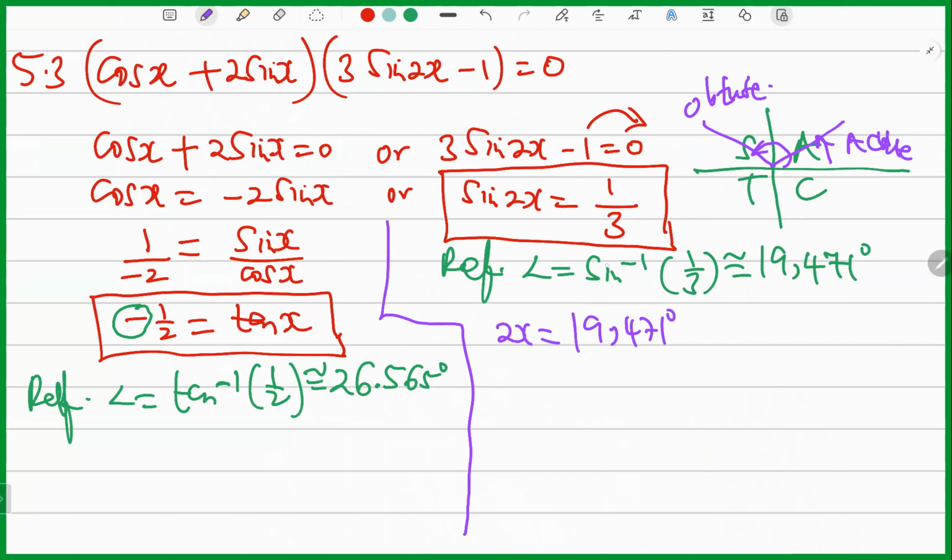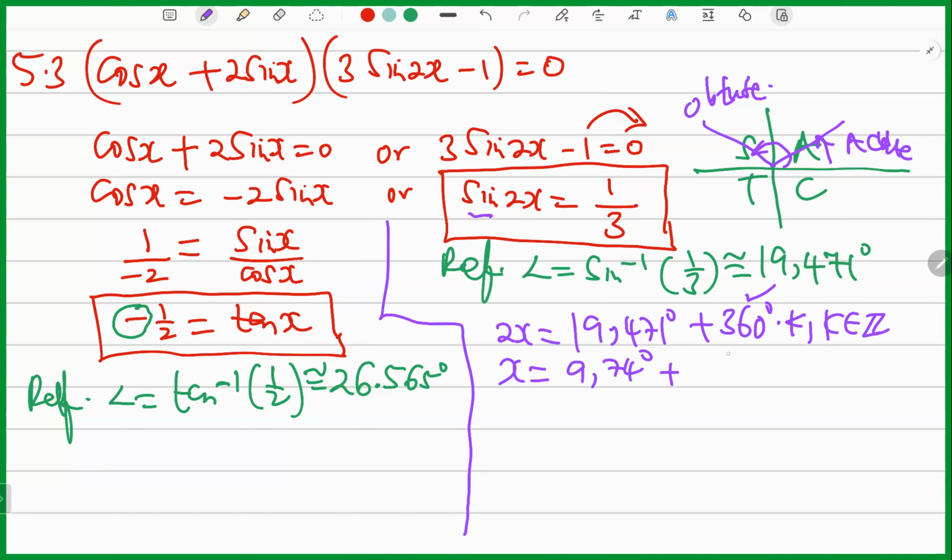Then we add 360 degrees multiplied by k, where k is an element of the set of integers. We're dealing with the sine function, and the period is 360 degrees. We divide by 2. What is 19.471 divided by 2? It is exactly 9.74 degrees.